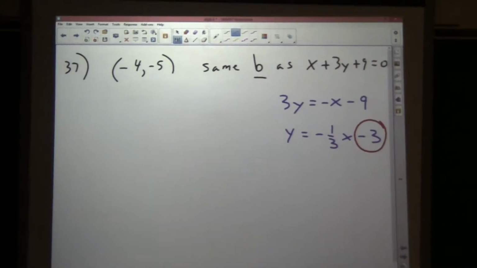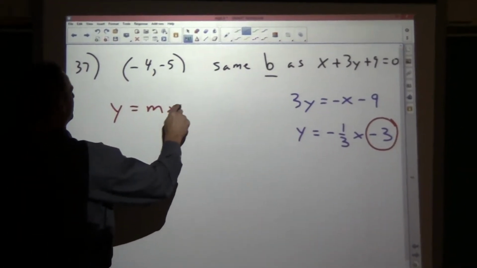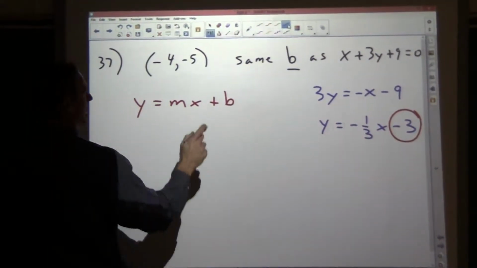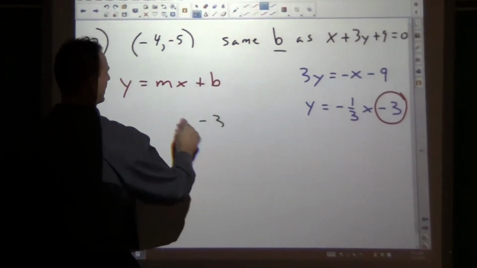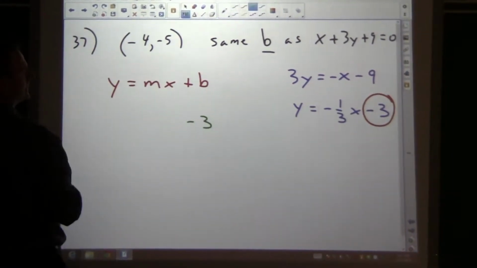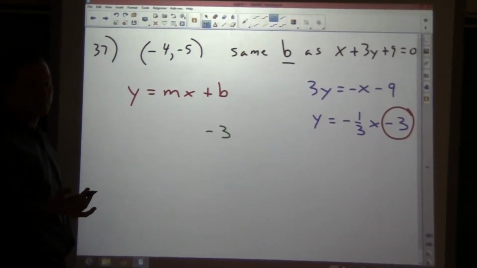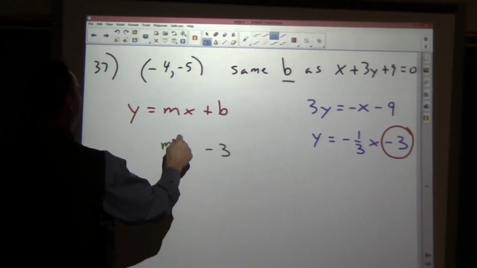So, same as I've done before, y = mx + b. But now, when I substitute, I'm going to substitute my b as -3. I'm still going to use my point. But I'm going to solve for m now. So m is my unknown.